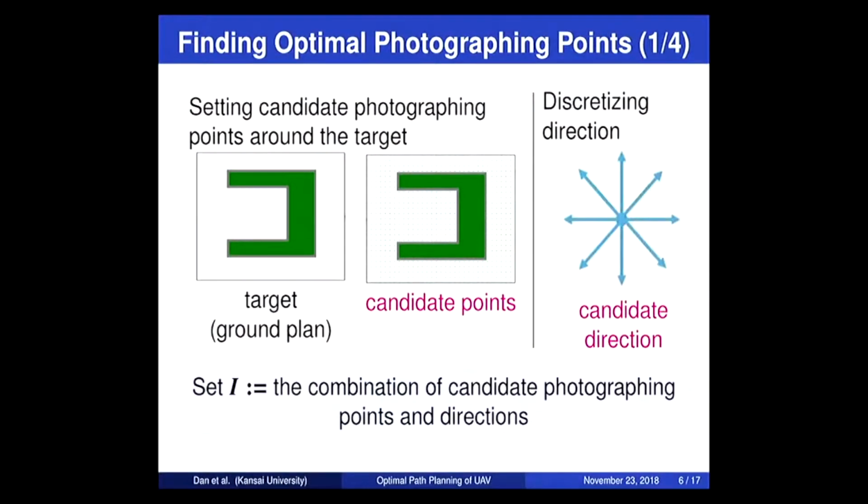Also, we discretize the directions of the camera on the UAV. In this research, we divided 360 degrees into 8 directions uniformly. By using this, we define the set I. I is the set of combinations of candidate photographing points and directions. This set I will be used in our proposed optimization problem later.